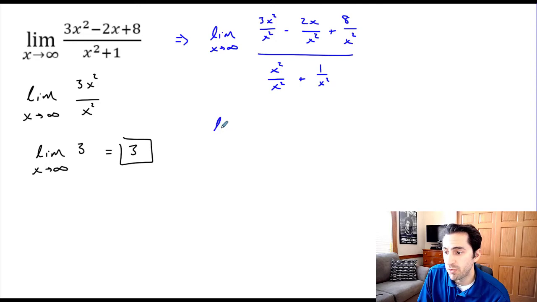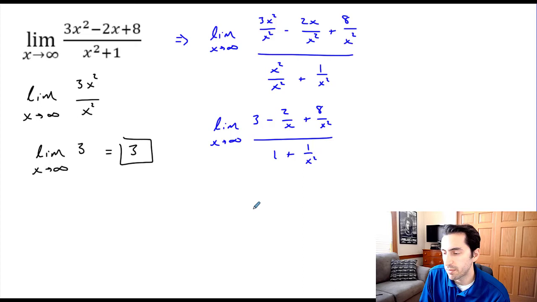And then simplifying all those fractions, we have a lot of x's that will cancel out. So we end up with, in the numerator, 3 minus 2 over x plus 8 over x squared. And in the denominator, we have 1 plus 1 over x squared.